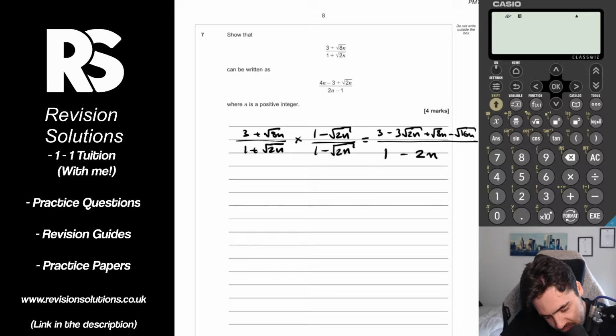So if we collect everything we can in the top, well, we've got 3, and then root 8n, we could think of that as root 4 times root 2n. That's really plus a 2 root 2n. And then that combines with this guy to just give us a minus root 2n.